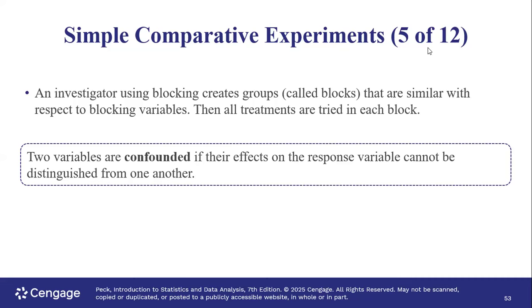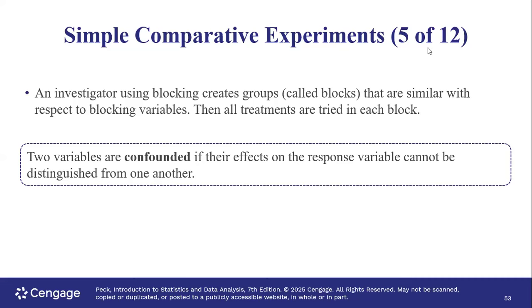We can check the effect of the temperature on the performance of the students, but to remove the extraneous variable, which is the time of the day, the test can be done with the students at the same time of the day. So the time, which is an outside variable, is removed.